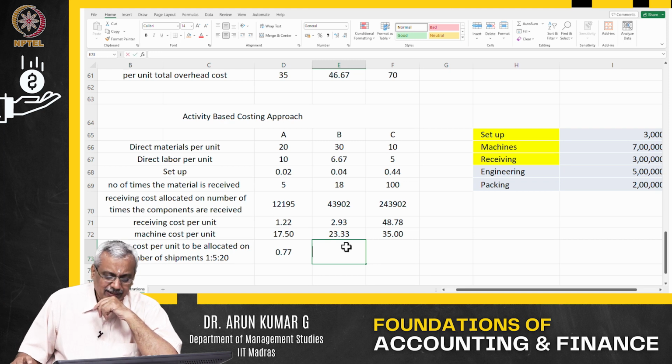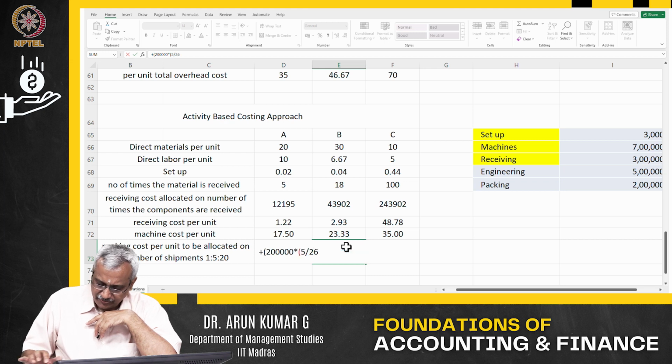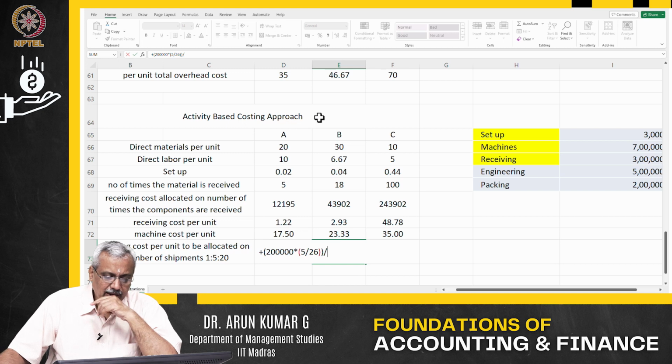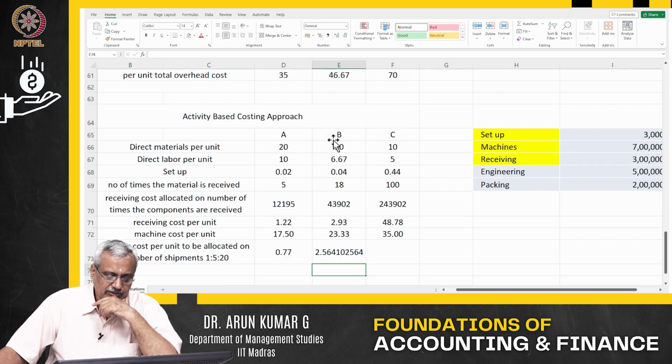Again, I go back here and start a parenthesis, and let us say 200,000 into 5 by 26, the whole thing divided by my number of units, which in this particular case is 15,000. So per unit, my packing cost is about 2.56.